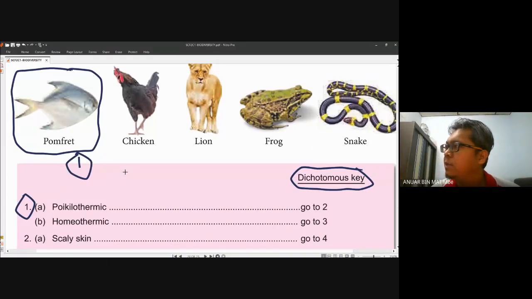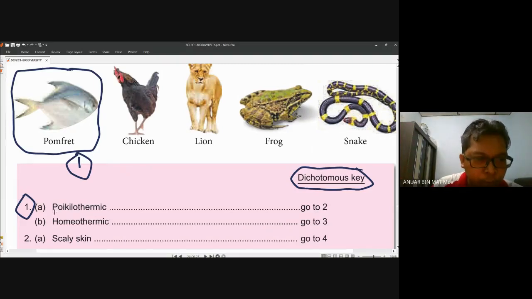Just the first species only. Okay, you know that a fish or pomfret is poikilothermic. Correct, poikilothermic, right?